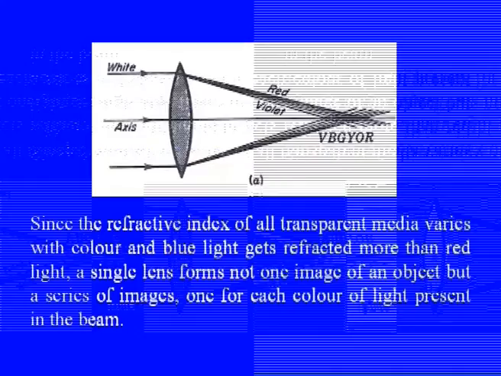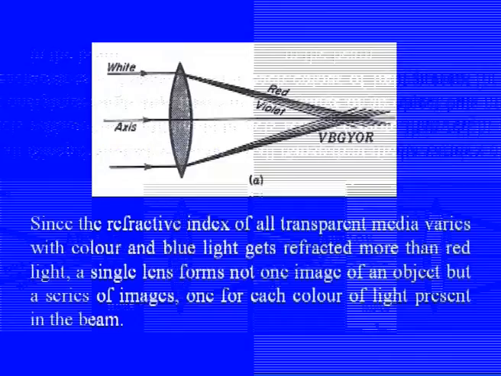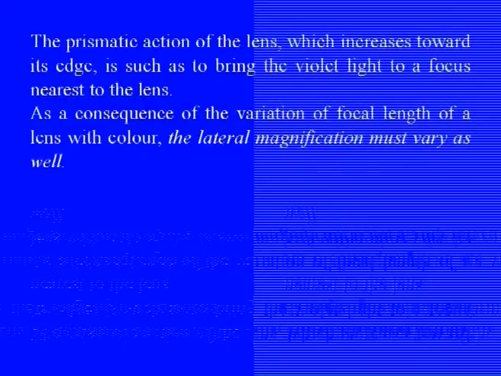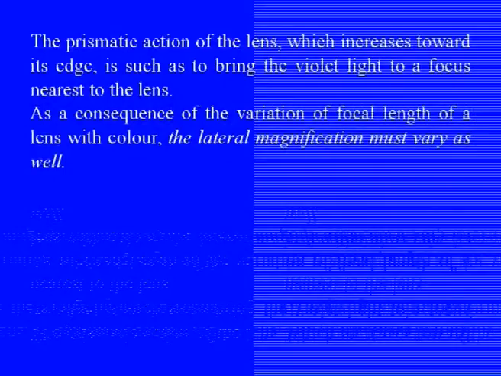Since the refractive index of all the transparent media varies with color and blue light gets refracted more than the red light, a single lens forms not one image of an object, but a series of images, one for each color of the light present in the beam. You see, the prismatic action of the lens, which increases towards its edges, is such as to bring the violet light to a focus nearest to the lens.